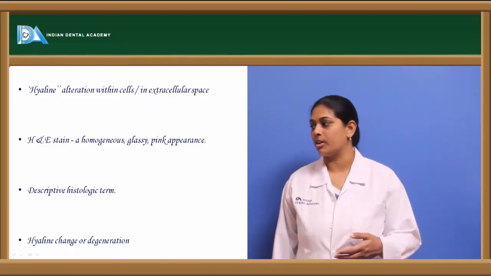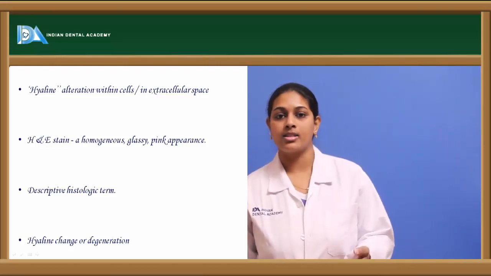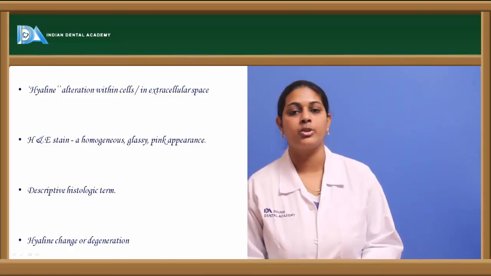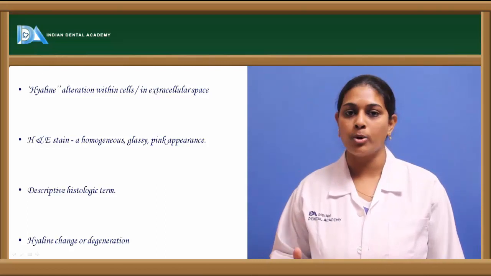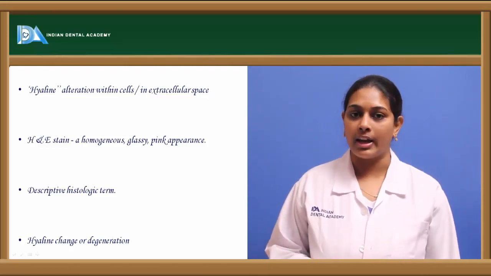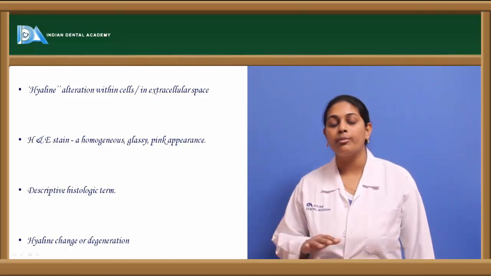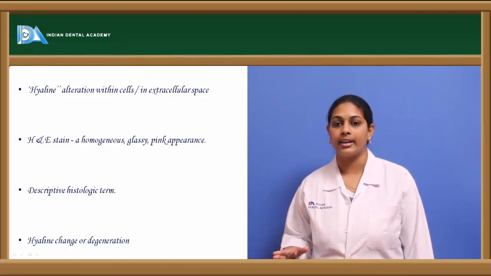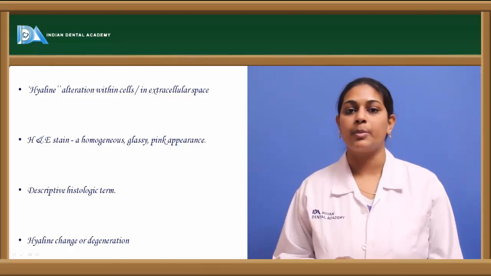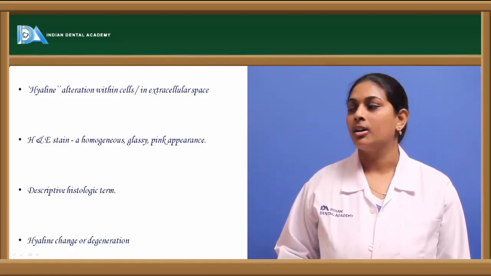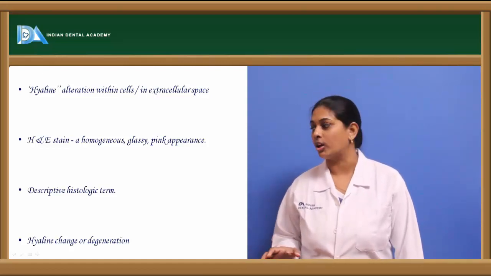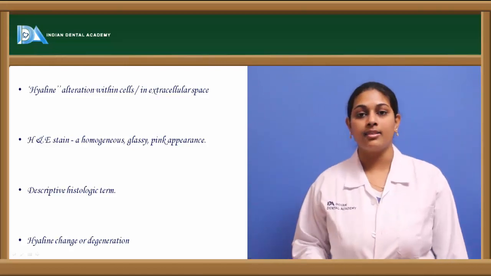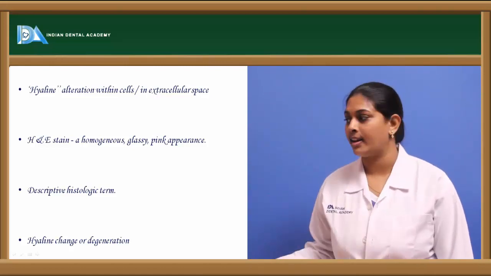Under the most common stain, hematoxylin and eosin, hyaline change usually appears as a homogeneous pink eosinophilic area, with uniformity in the entire area. You don't find any disturbances, but it is uniformly pink and appears glassy, that is, shiny in structure. This means that the tissue or the cell is undergoing hyalinization.